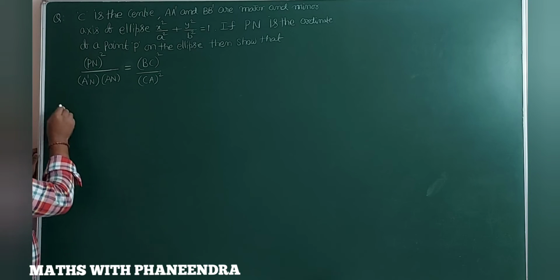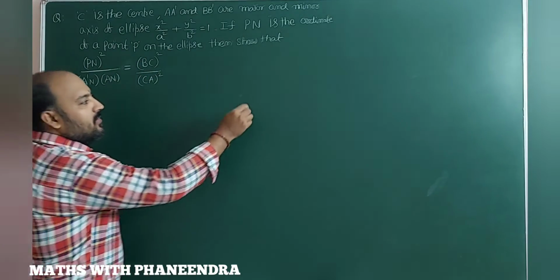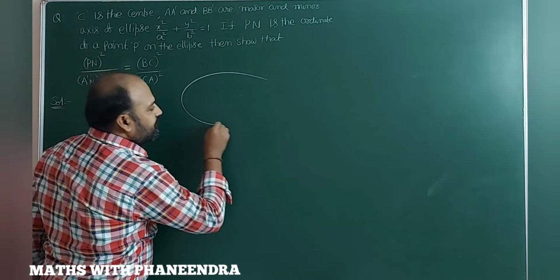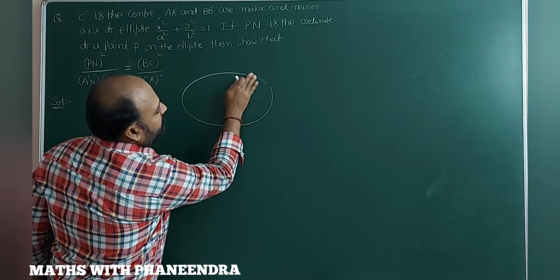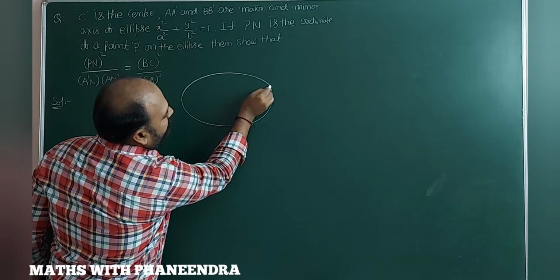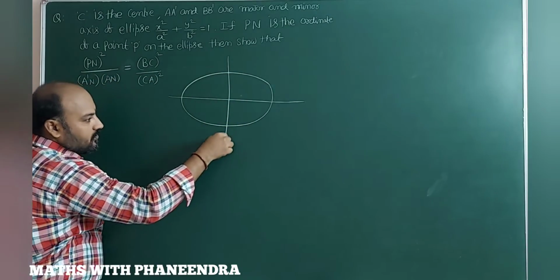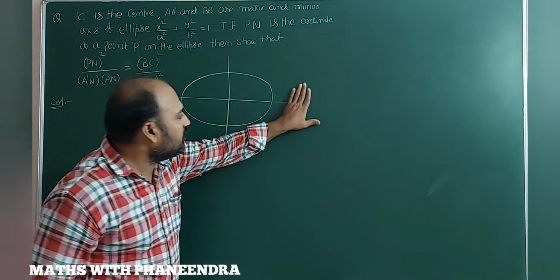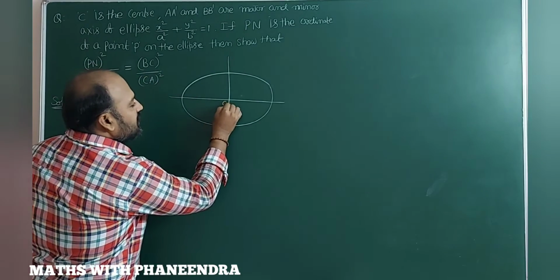See here the answer for this. Ellipse equation. So, a rough diagram of the ellipse. So this is the ellipse equation, the standard form of the ellipse, and this is the center of the ellipse.